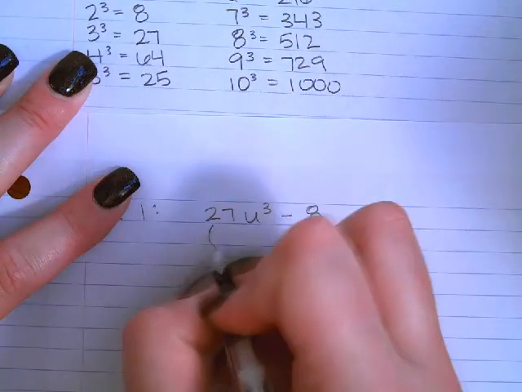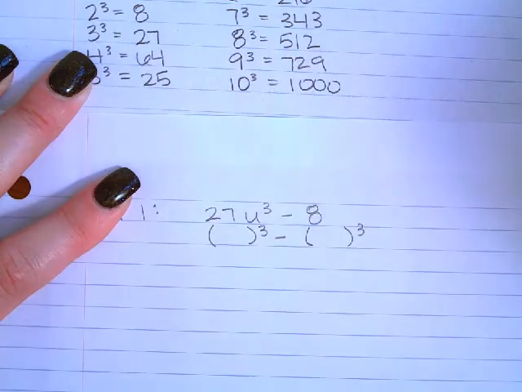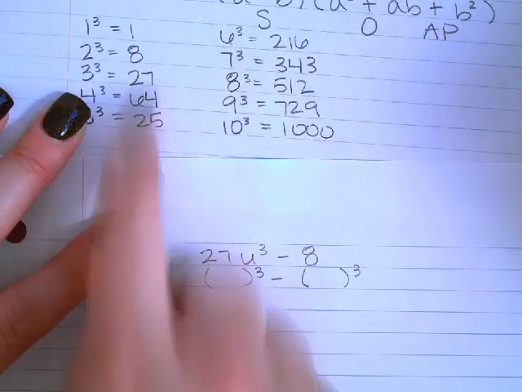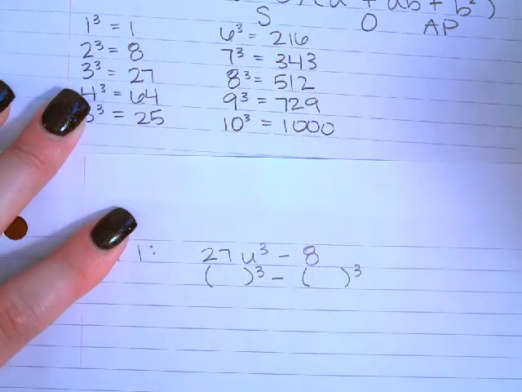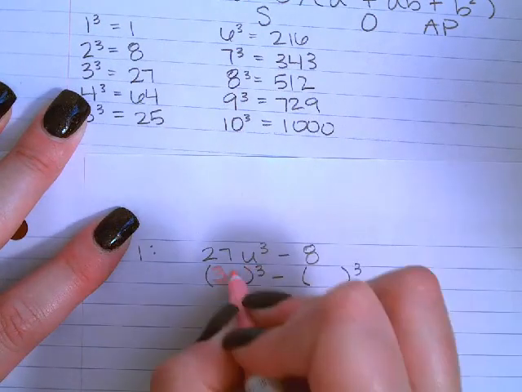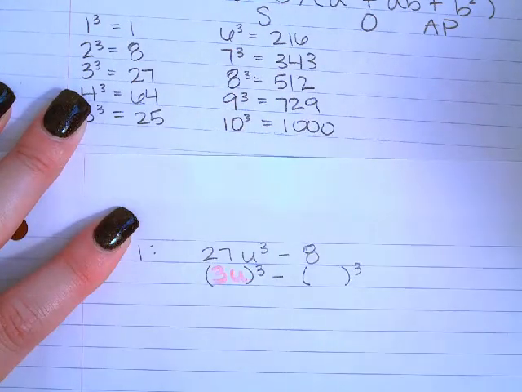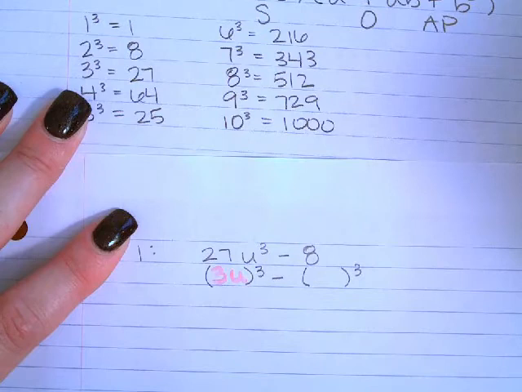So I'm going to write this as something cubed minus something cubed. So 27 is 3 cubed, and we have a u as well. So I'm going to write 3u cubed. Okay, and then 8 is 2 cubed. So I'm going to go ahead and put a 2 there.